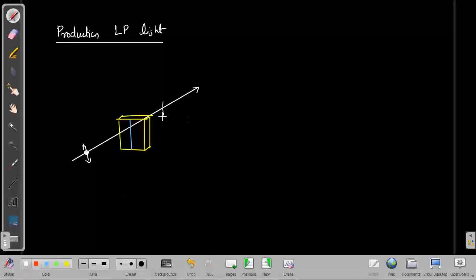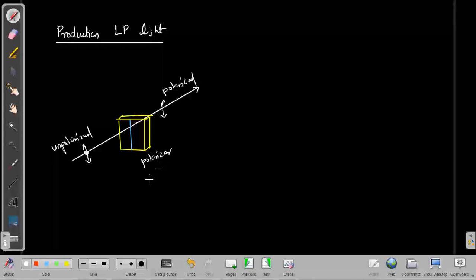We get only vertical oscillation. So we can convert an unpolarized light into a polarized light just using a polarizer.